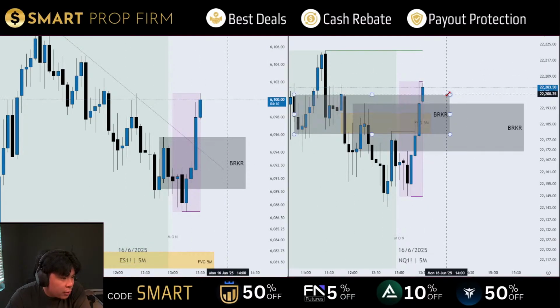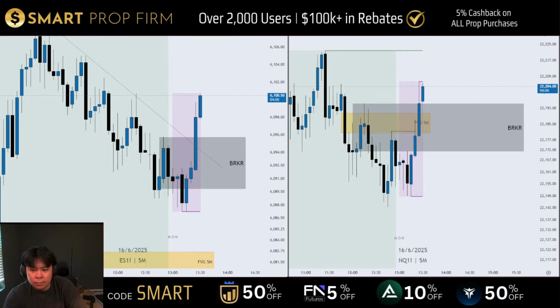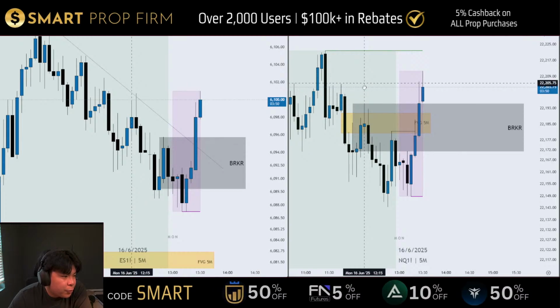Now we have the bullish breaker. We'll unvalue this here. What is this? That was only one attempt so far. The risk reward is there for me.